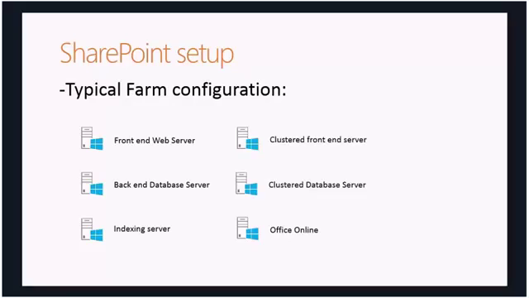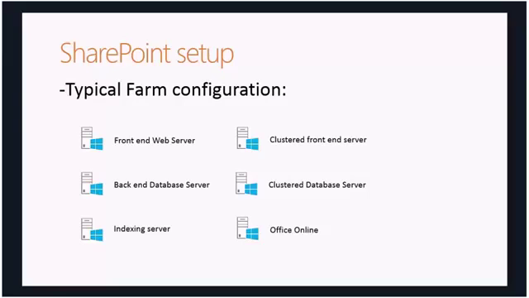Now, given the growth and the usage of SharePoint increasing, we typically now have to cluster the front-end web server, and we now have to cluster the database server as well. So we're looking at potentially best practice around at least 6 servers to replicate a good, decent SharePoint environment on premises.